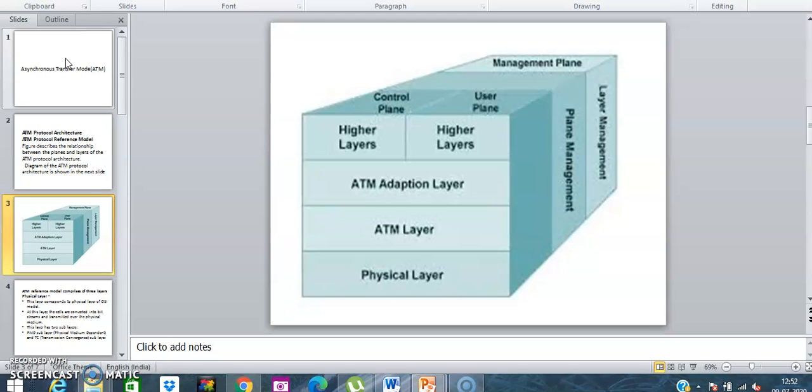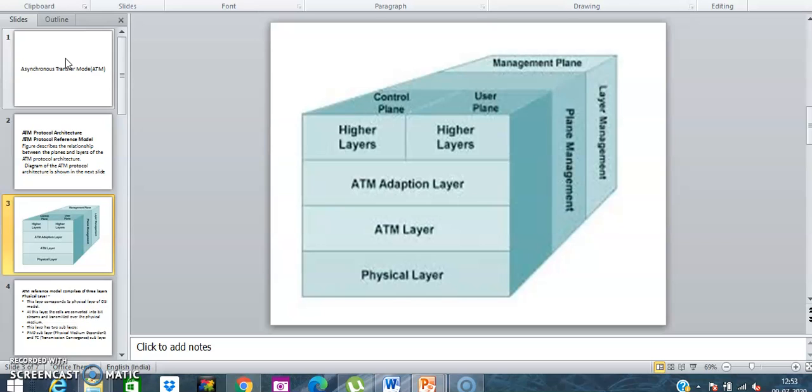The purpose of ATM is to send the complete information in small fixed-size packets called cells. The size of a cell is 53 bytes, out of which 5 bytes are used for the header and 48 bytes are for the payload. ATM is a protocol which has minimum error and flow control mechanism.